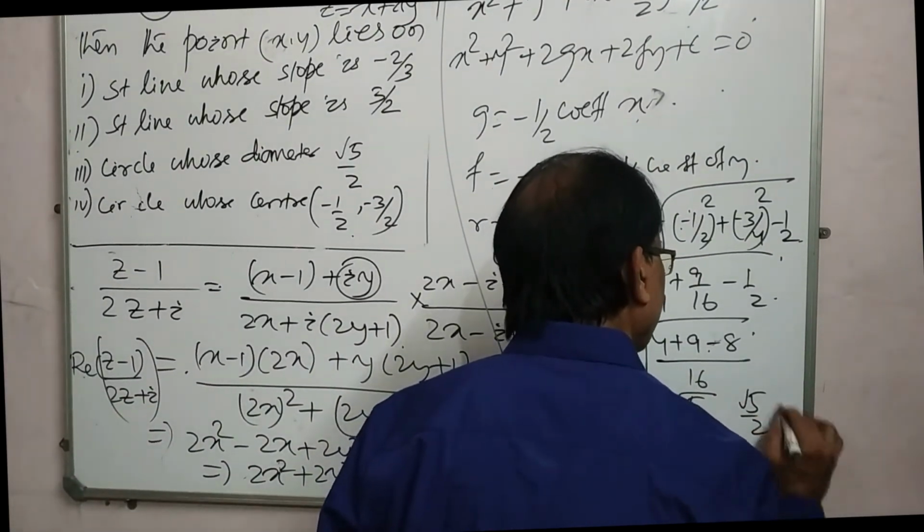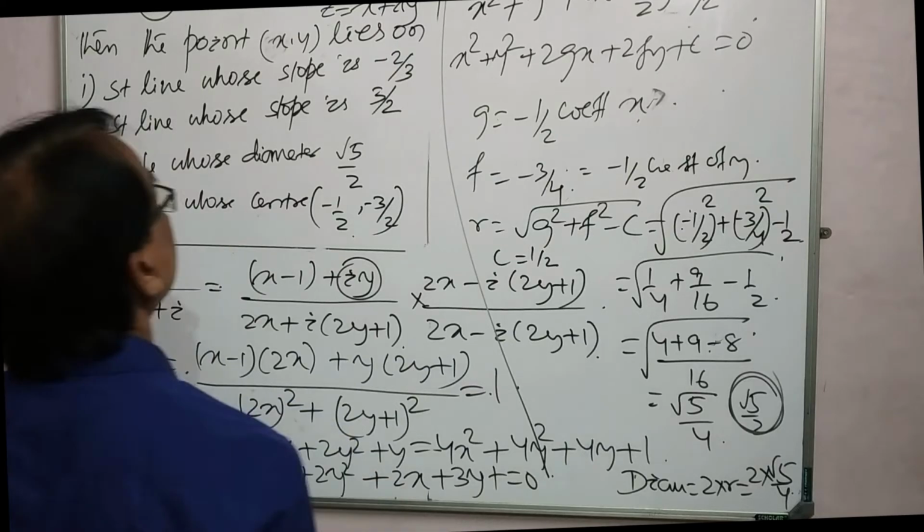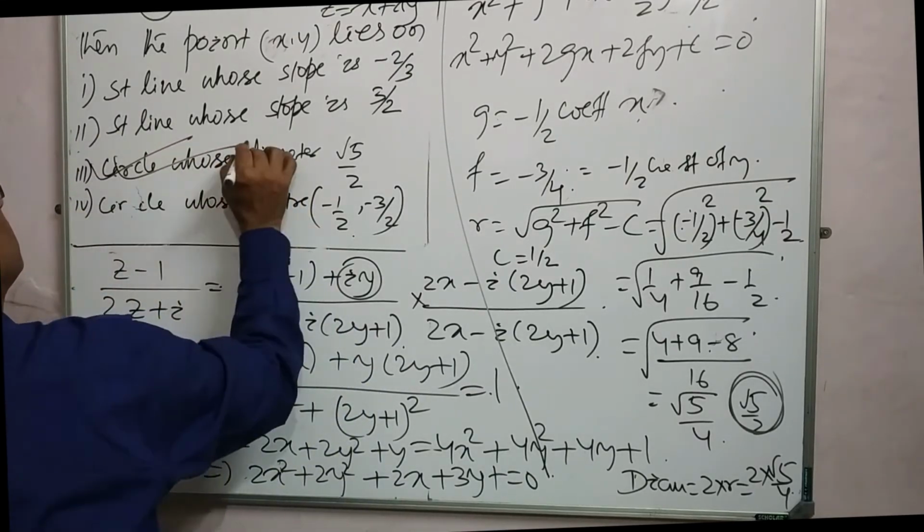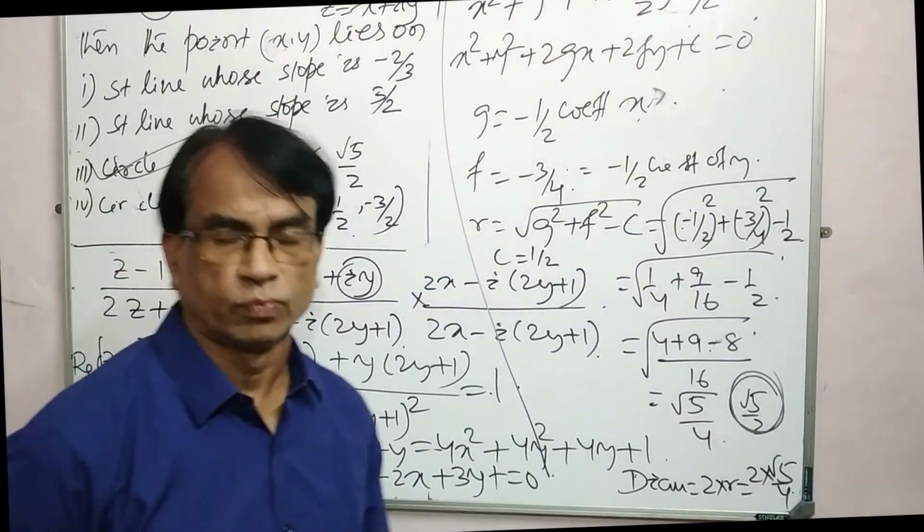Root 5 by 2 is the answer, the circle's diameter, root 5 by 2.